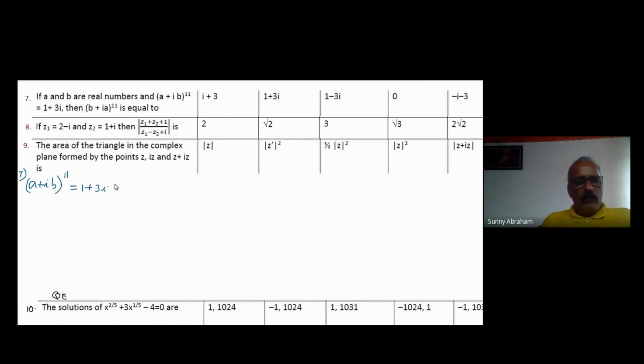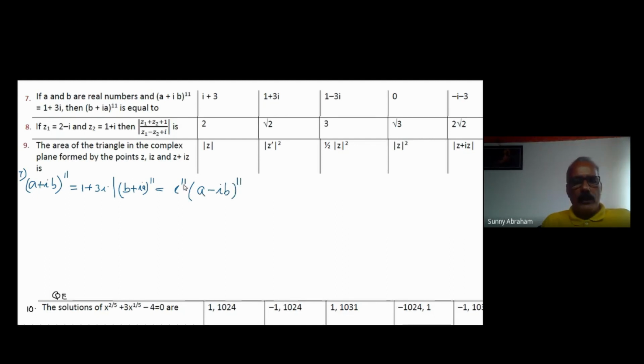What do we want? We want (b + ιa)^11. Let me take an ι outside. It will become ι^11 into (a + (1/ι)b), that is (a − ιb), the whole raised to 11.